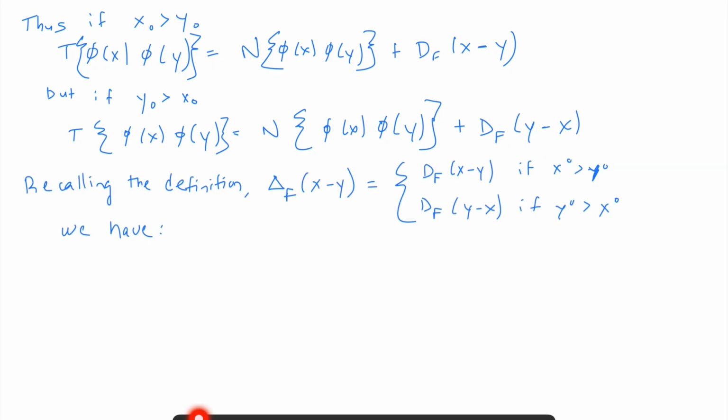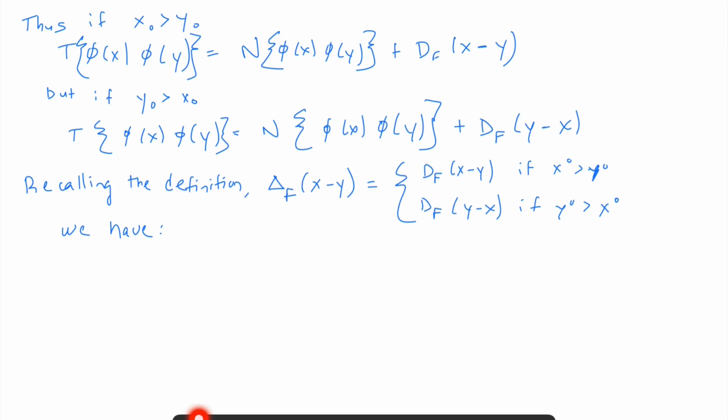So what we found then, and if you recall the definition, Delta F actually includes two different scenarios. When x naught is greater than y naught, we get this, which we showed before, DF(x minus y). And when y naught is greater than x naught, then we get this over here. That's what we've done, and we've defined this as follows and shown that the calculation gives us this.